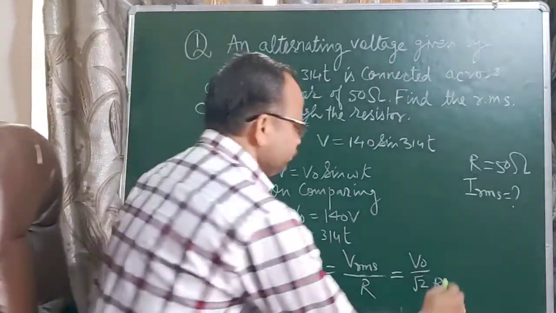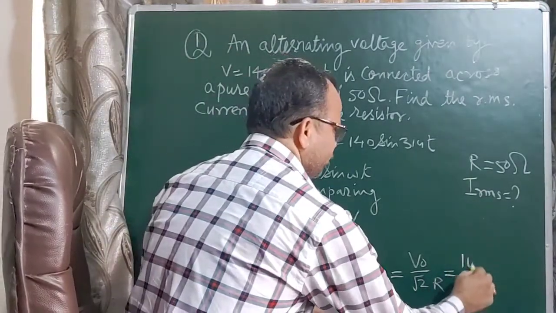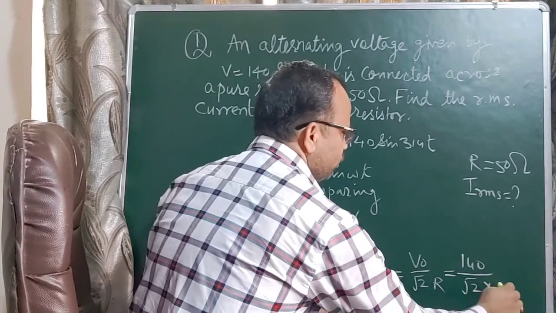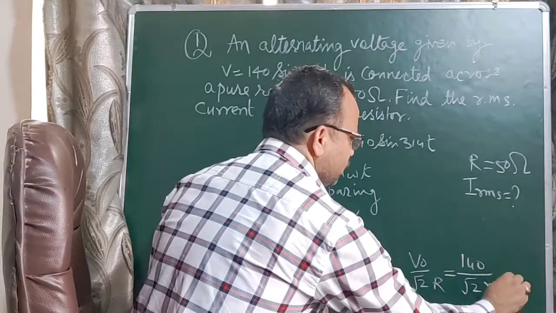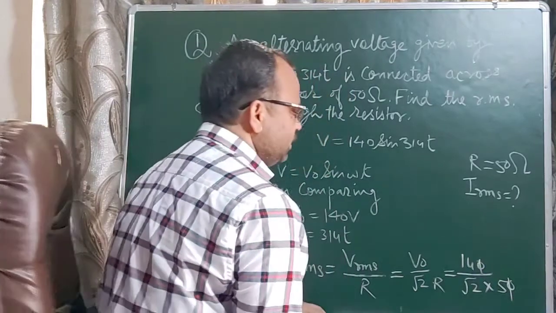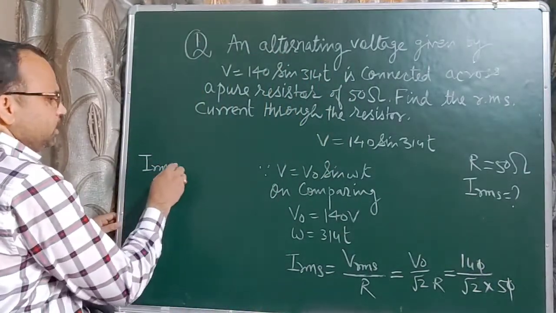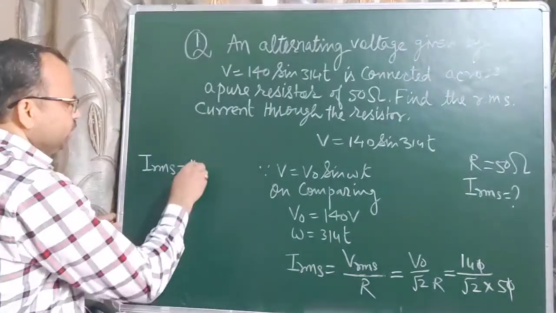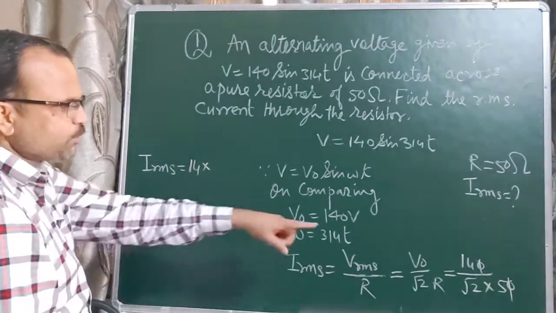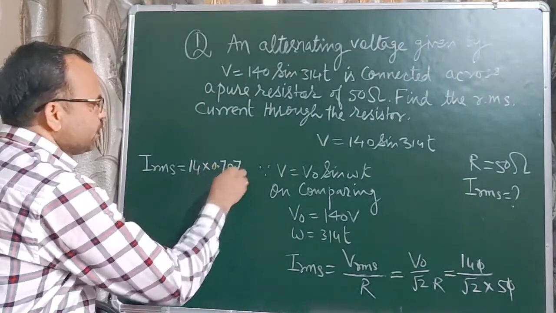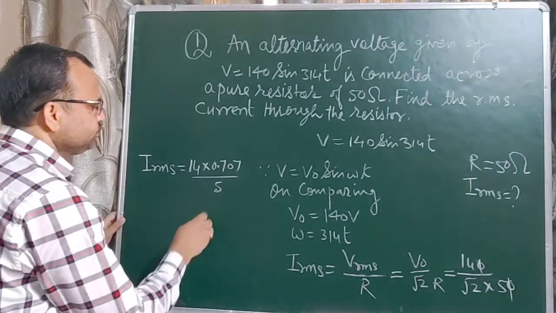Now put the value of V naught, 140 upon root 2, into value of R, which is 50. 0 and 0 cancel. So I RMS is equal to 14 into the reciprocal of root 2, meaning 1 upon root 2, whose value is 0.707, upon 5.